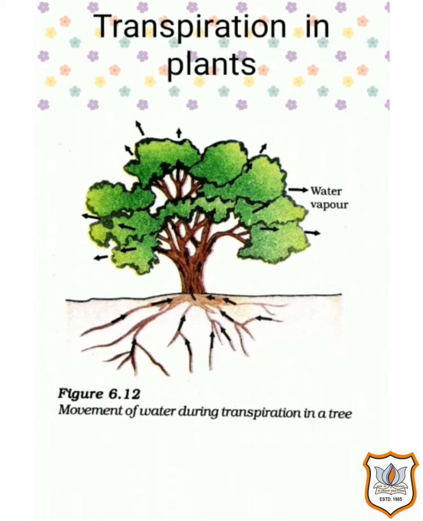During the day, when the stomata are open, the transpiration pull becomes the major driving force in the movement of water in the xylem. At night, effect of root pressure is necessary for the upward flow of water. Therefore, transpiration helps in absorption and upward movement of water and minerals dissolved in it from roots to the leaves.